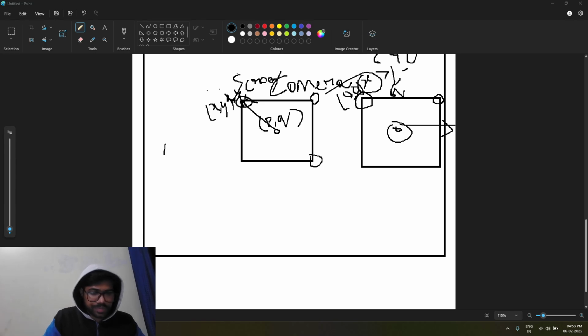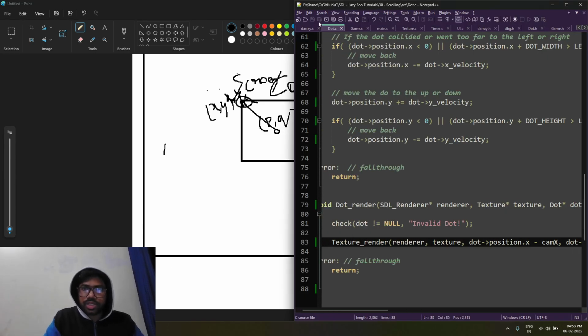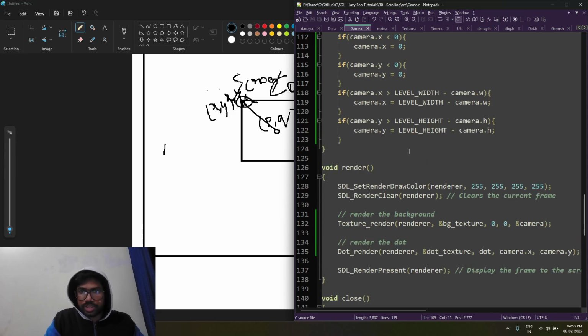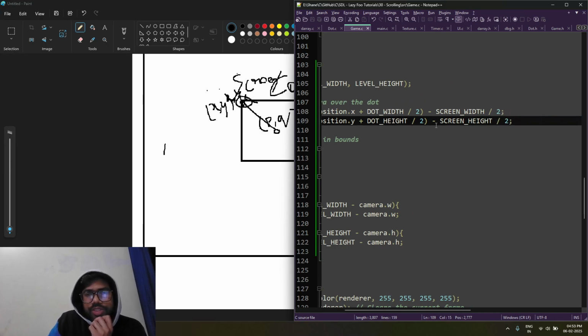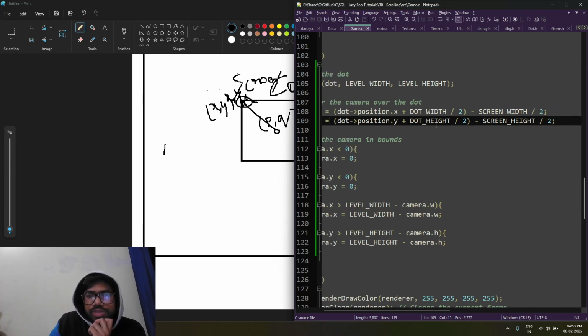Then, okay, another thing is the centering of the camera. So camera position, center the camera, position plus dot width by 2.